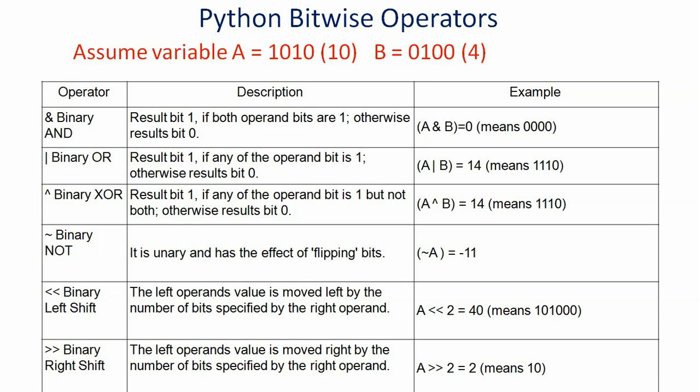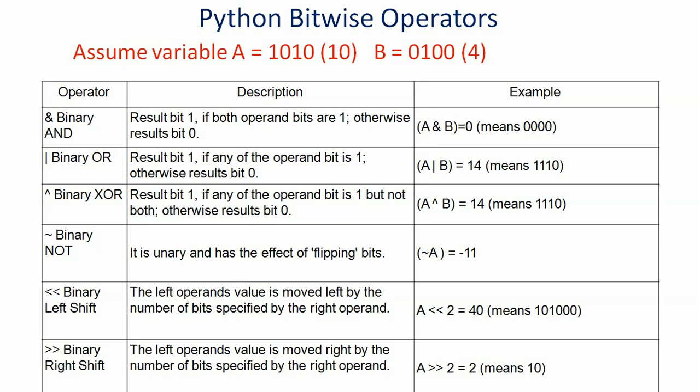For binary AND we will use ampersand. It will result in bit 1 if both operand bits are 1, otherwise the result bit is 0. So A and B will result in 0.